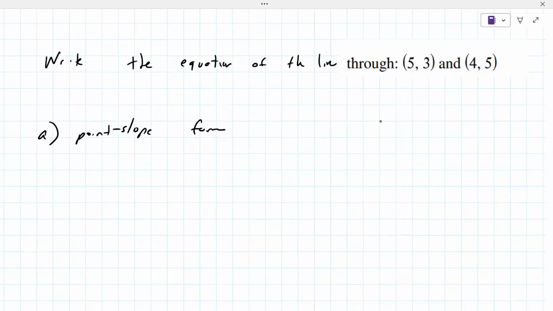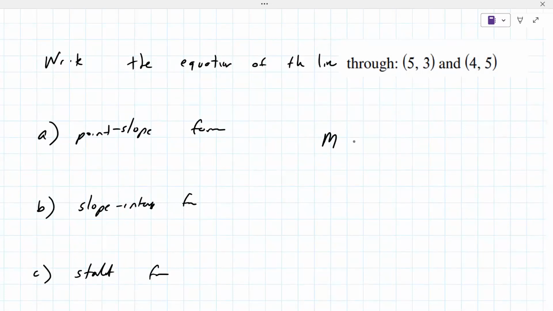Part B is the slope intercept form. Part C is the standard form. For now, all I want you to do is calculate the slope. Depending on how long that takes, we'll see what else we can get to. But typically, you have to be able to do all three forms of a line. So if you can just calculate the slope for now.